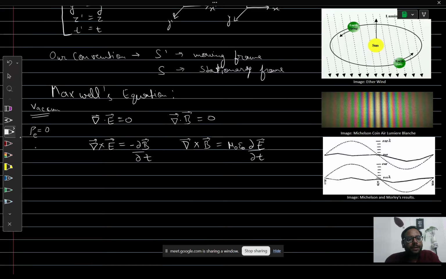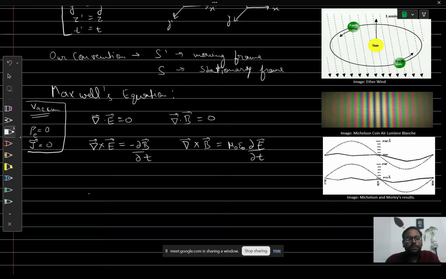And this will always be valid and always be zero, meaning there exist no magnetic monopoles, but of course electric monopoles can exist. And in the vacuum case, our current density vector will be zero.